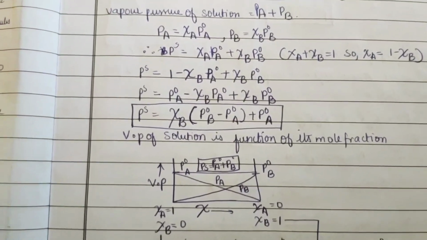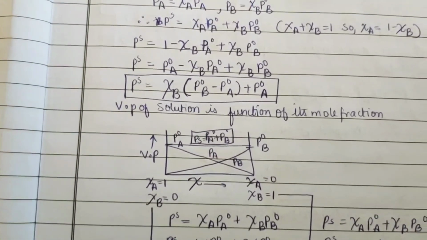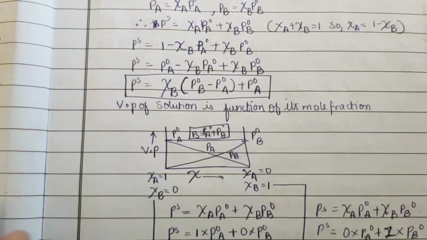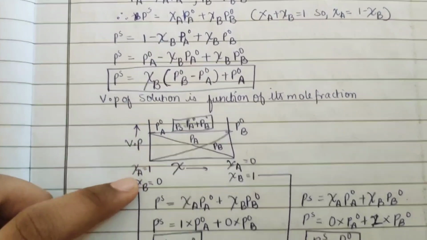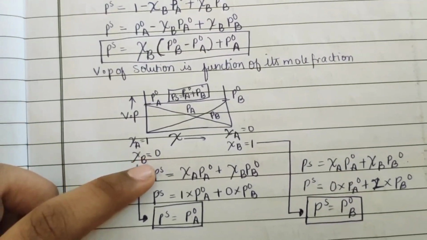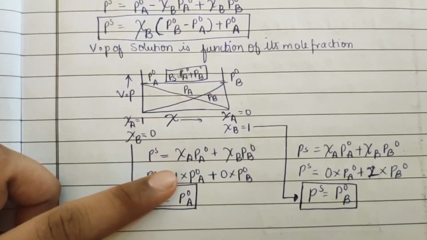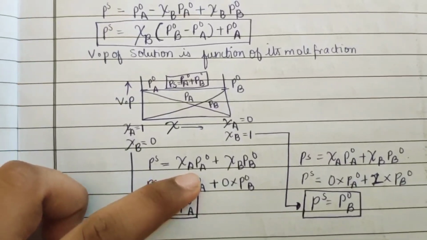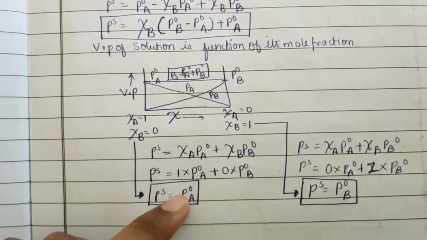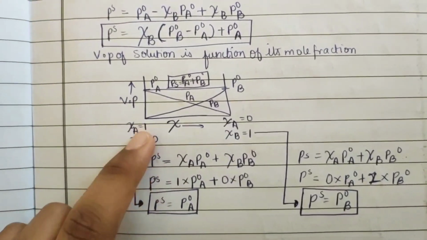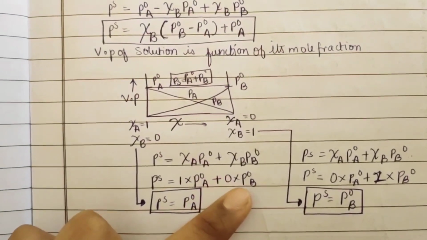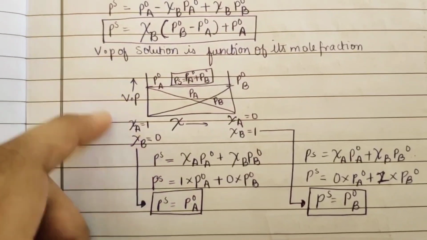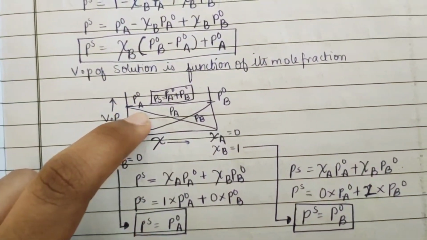Here you can see, if chi A equal to 1, then chi B equal to 0. In the graph of vapor pressure against chi, chi A equal to 1, chi B equal to 0. Here Ps equal to chi A Pa naught plus chi B Pb naught, so Ps equal to 1 into Pa naught plus 0 into Pb naught. So Ps equal to Pa naught.